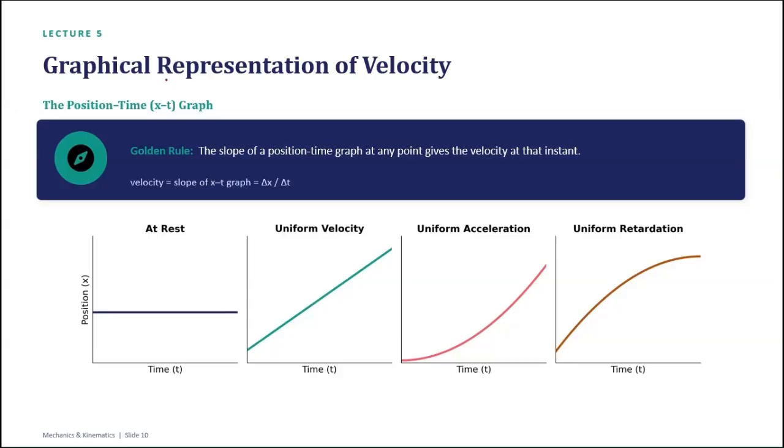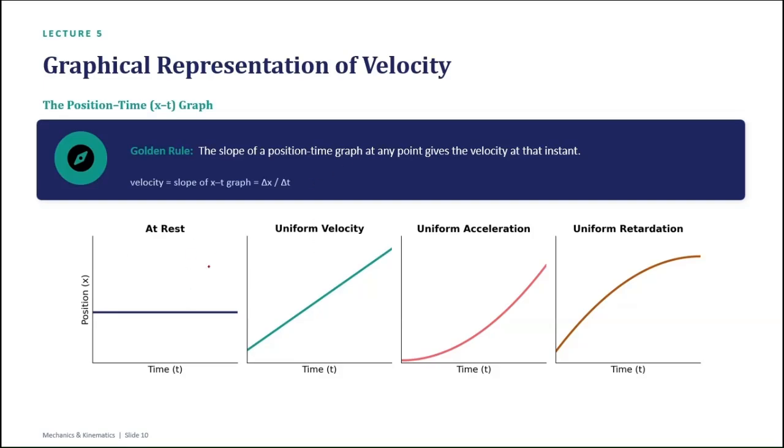Next, we have some graphs here, graphical representation of velocity. So this is an interesting graph. First of all, we should know that the slope of the position and time graph always gives us velocity.